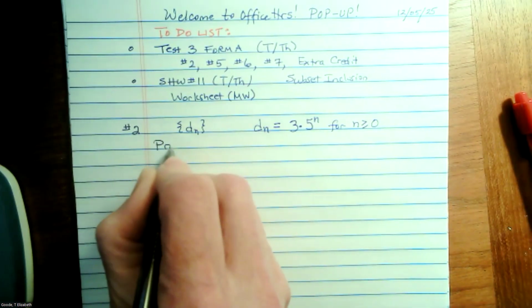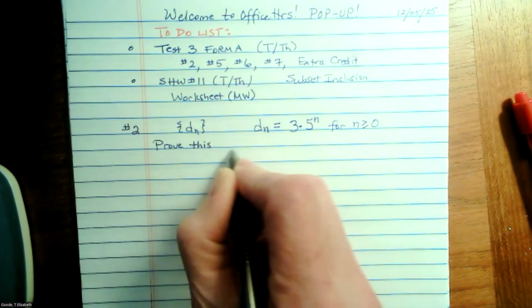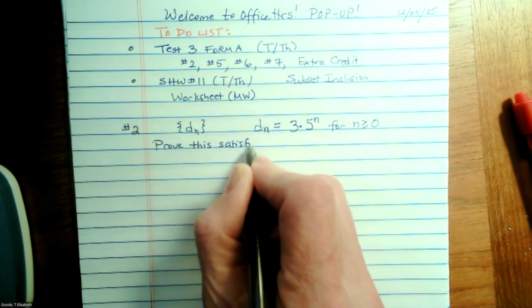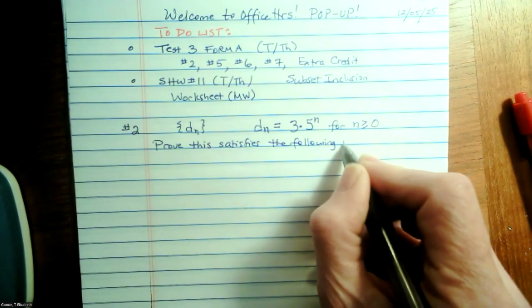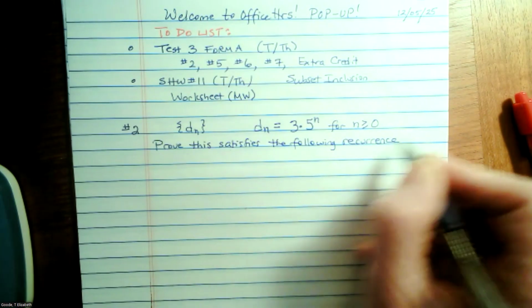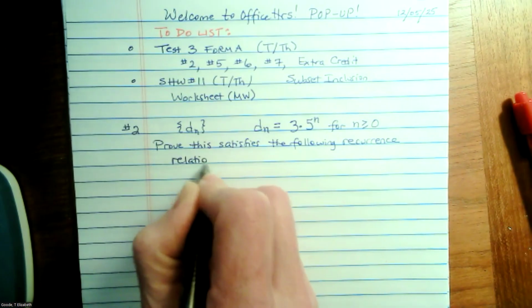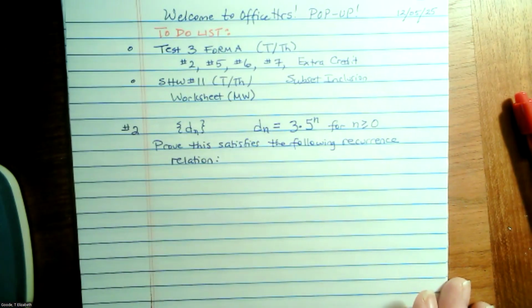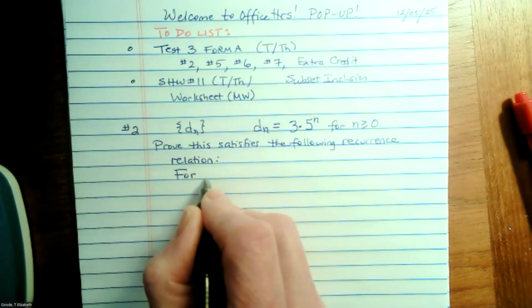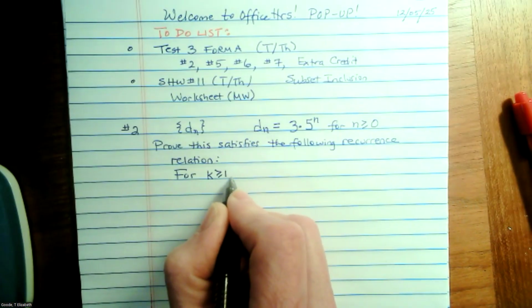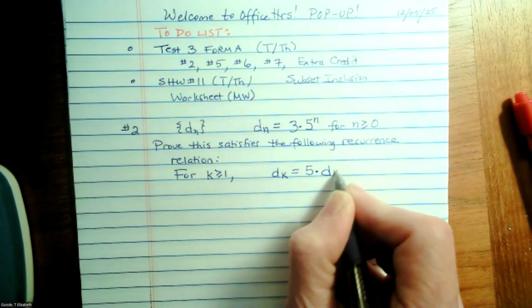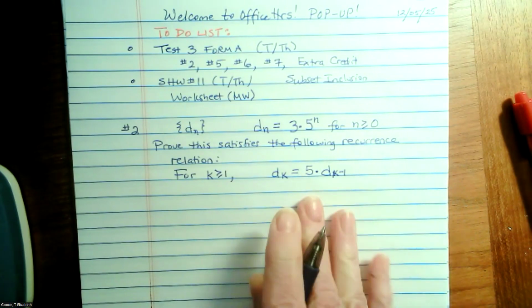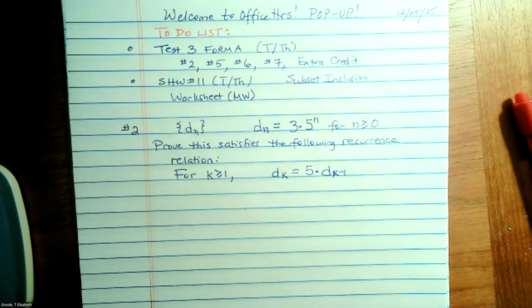And then we want to prove this satisfies the following recurrence relation. And a recurrence relation is generally a relationship between terms and prior terms. So this recurrence relation says for k greater than or equal to 1, d sub k is going to be 5 times the prior term, d sub k minus 1. Does that make sense? Yes.